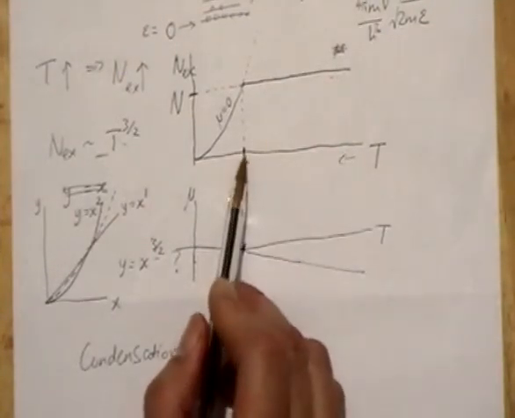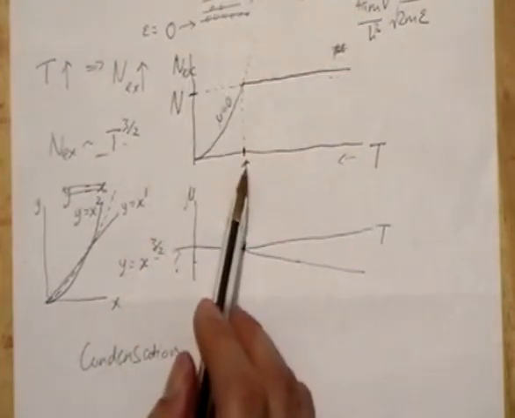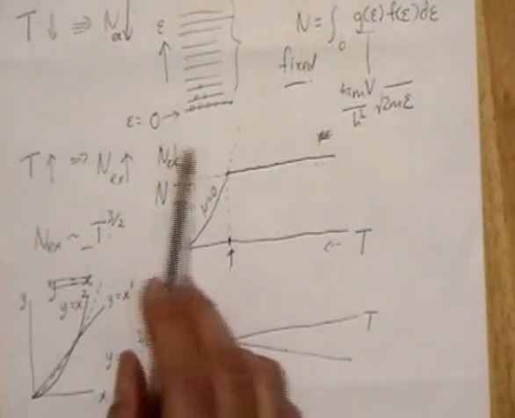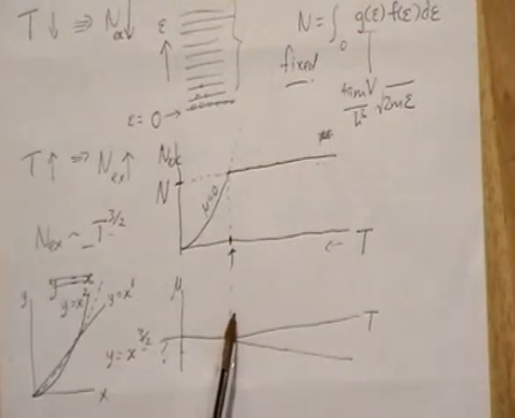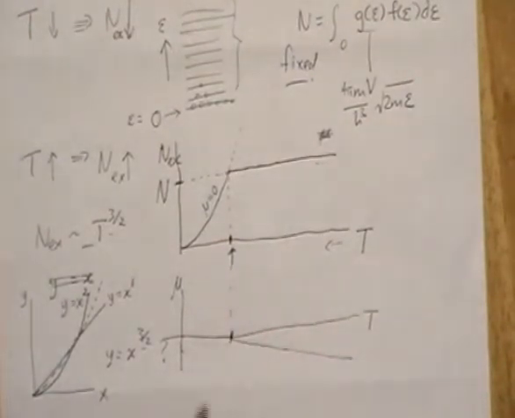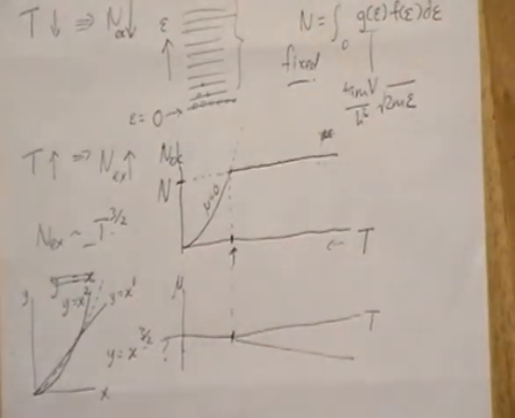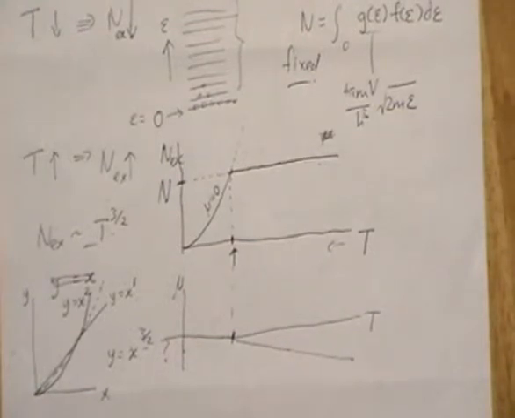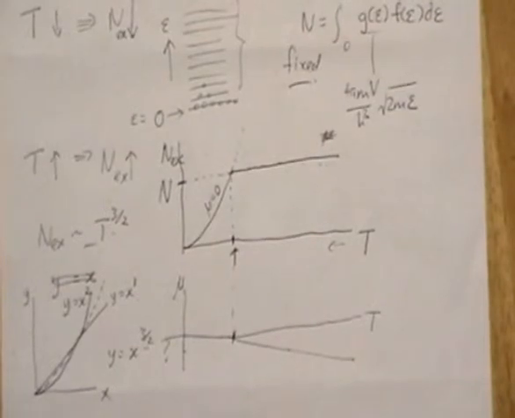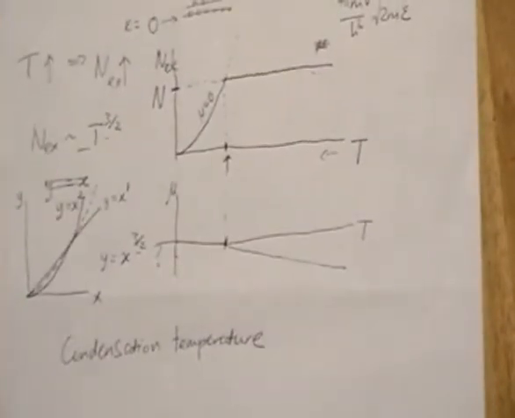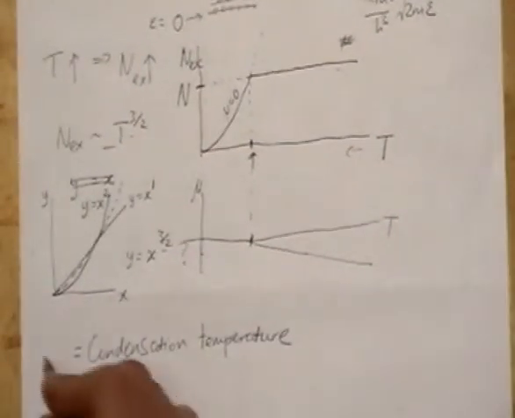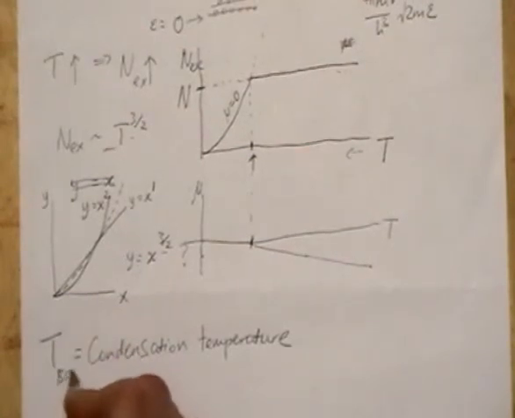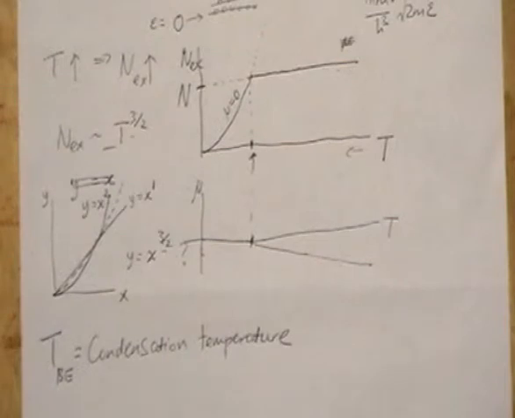So this is the temperature at which particles start condensing into the ground state. Because of this analogy, this temperature is given the name of condensation temperature, and is denoted by the symbol T with the subscript BE, BE for Bose-Einstein.